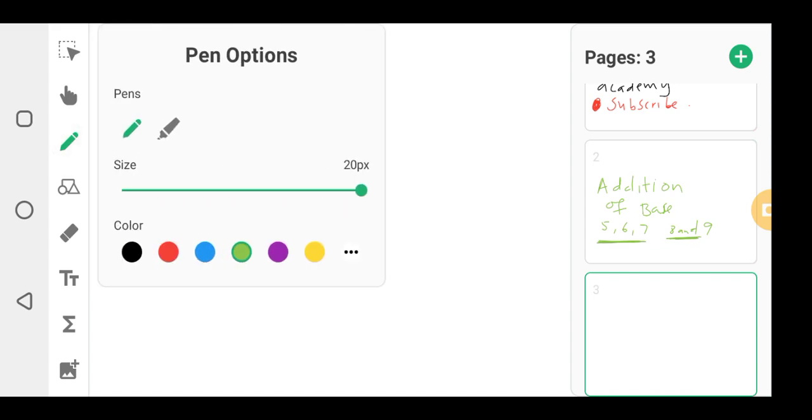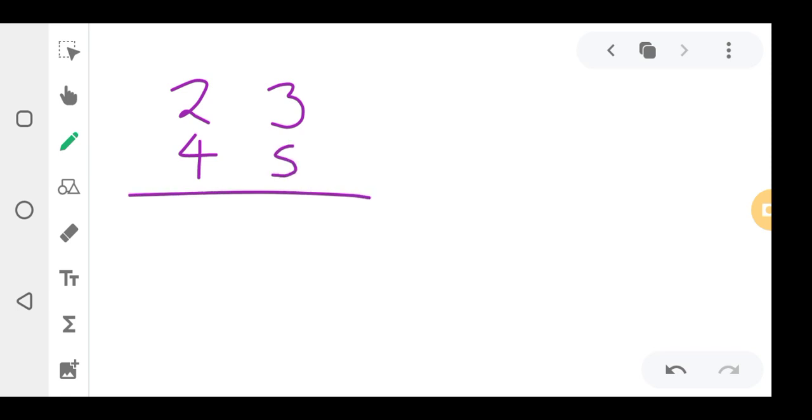Now, how do you add bases? For example, you always use remainders. So for example, if I say 2, 3, let's say they say form 5, and they say it is in base 5. Even the one on top is in base 5. So we are adding these.